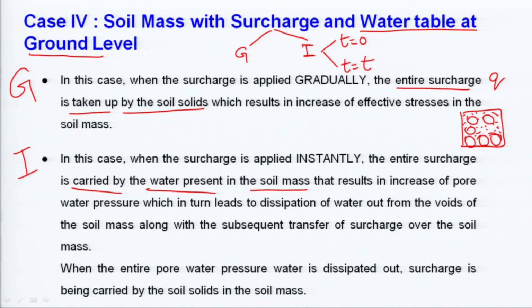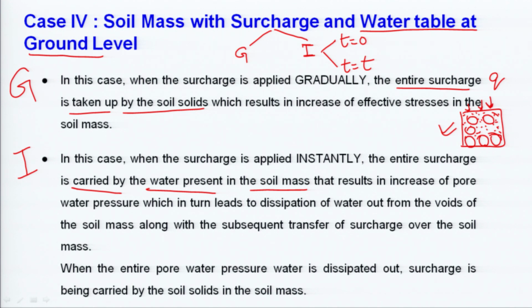When the surcharge is applied instantly, at that moment the water takes up the entire surcharge, it does not transfer it to the soil solids instantly. Slowly it will dissipate and transfer the surcharge to the soil solids, which we will be looking at.